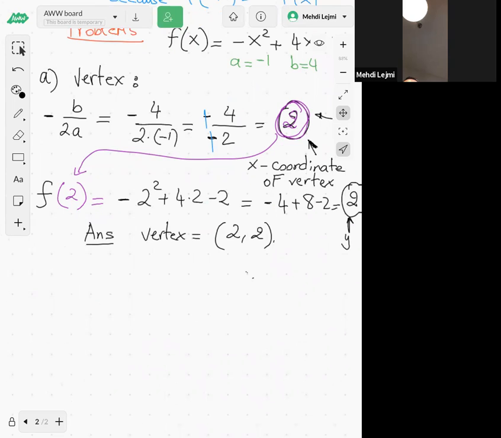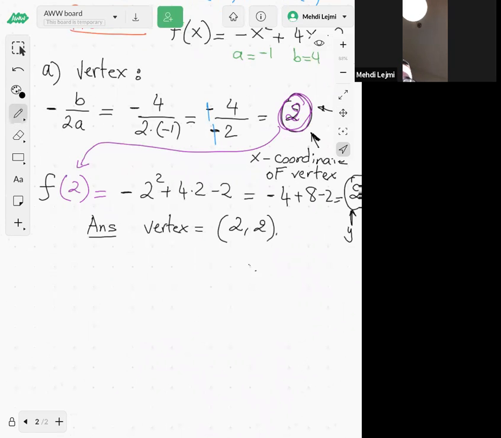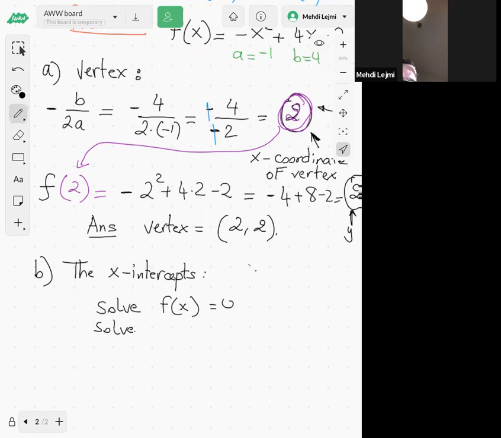Right, so the x-intercept and the y-intercept, I guess you know how to do this, guys. For the x-intercept, you just solve f of x equal to 0. So you solve minus x squared plus 4x minus 2 equal to 0.